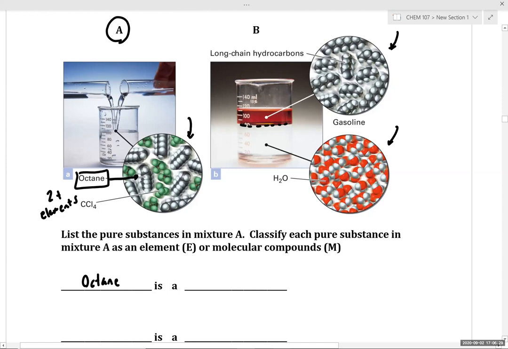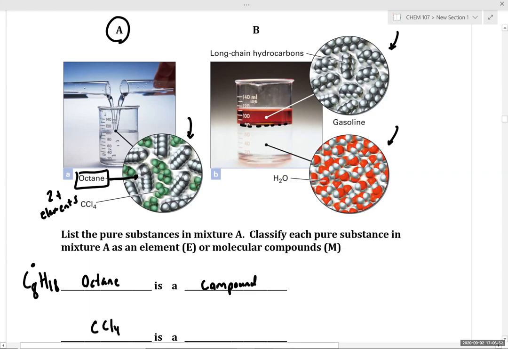That's why we see two or more different colors in its structure. So then octane would clearly be a compound. Octane's formula would be C8H18. And as we can clearly tell, we can see two or more different elements. So this would be a compound.